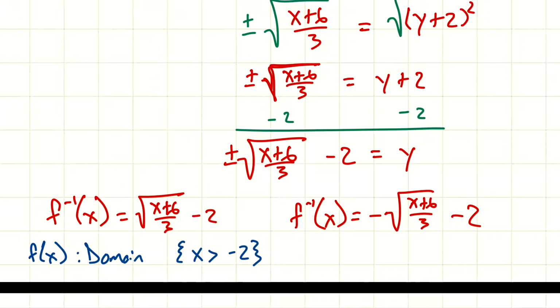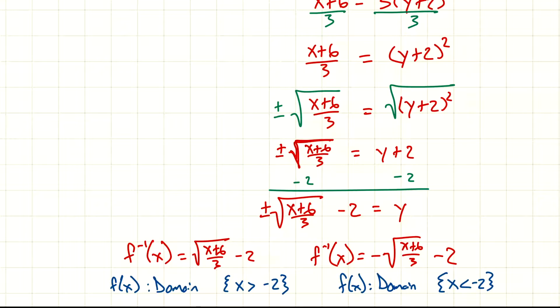If we want this second inverse function, then the original domain has to be x less than -2. All right.